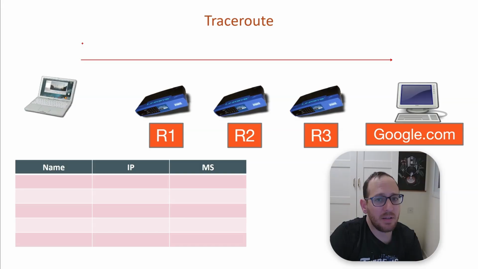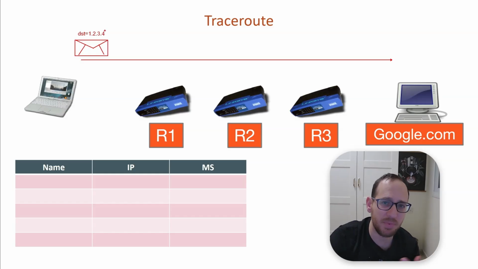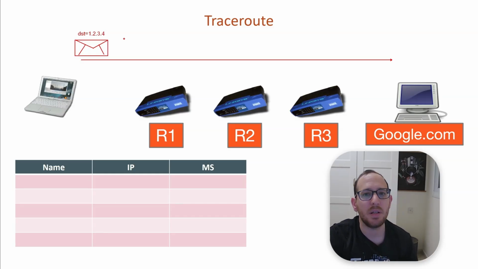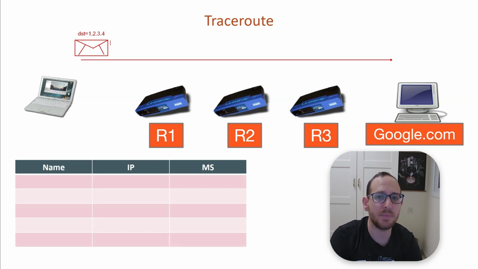So we send the packet. We set the destination to whatever we want, let's say 1.2.3.4. That's the IP of Google. It's not the IP of Google, but just for the example. And we provide a TTL of 1. What does that mean?